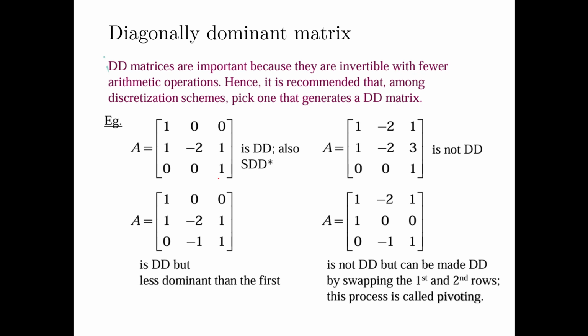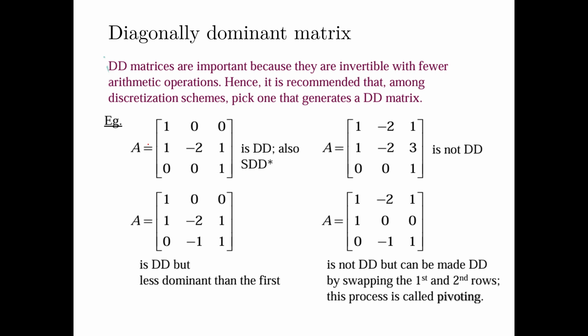So the first example is this matrix. If we see the first row, we have all the zeros and only one, so the first row is diagonally dominant. Now if we look at the second row, a22 is equal to the sum of a21 and a23.